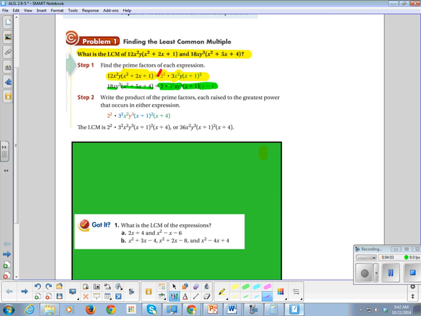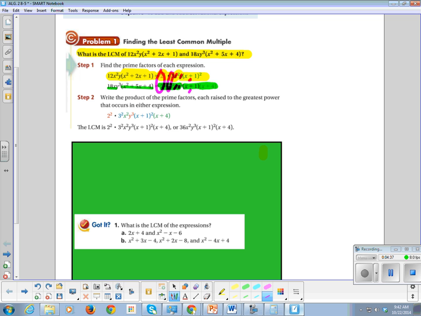So both of them have a 2, both of them have a 3, both of them have 1 x and 1 y. Both of them have an x plus 1. So you don't have to repeat those items.